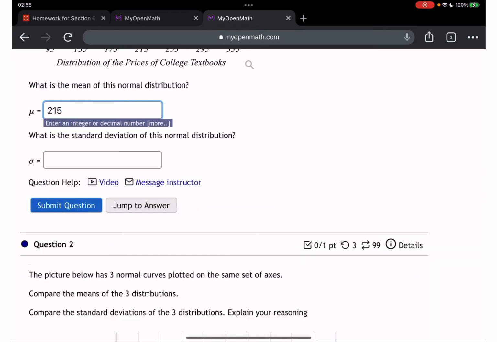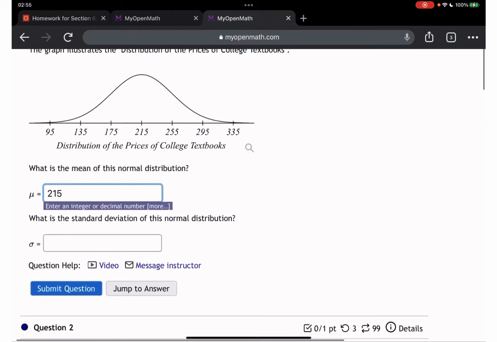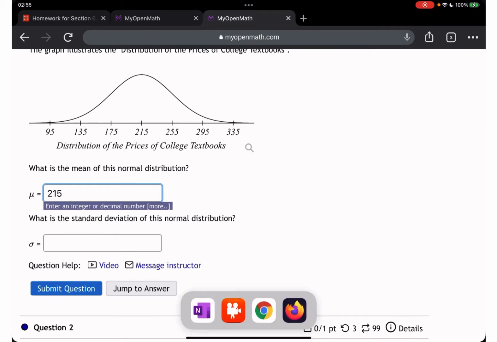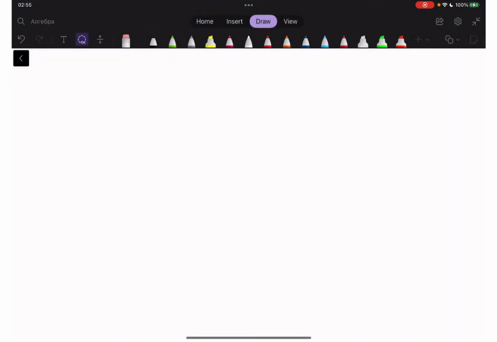Okay, and the standard deviation, how are we going to find it if this is my normal distribution? See these inflection points, and here is our average mean, mu, and this is our sigma.